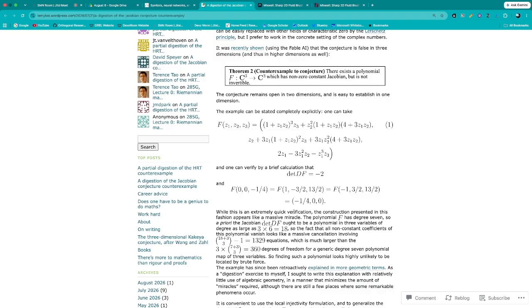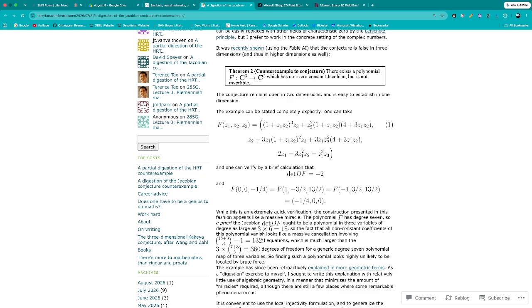While this is an extremely quick verification, the construction presented in this fashion appears like a massive miracle. The polynomial f has degree 7, so a priori the Jacobian DF ought to be a polynomial in 3 variables of degree as large as 18, or 3 times 6 equals 18.